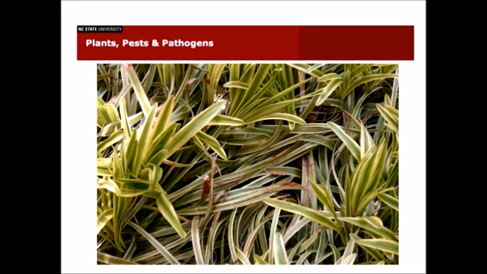On several of these, I'm going to go ahead and pose the question and see if people know what this is. Of course, the plant is Liriope, and what we're seeing are some spots and blotches. Anybody know what this one is?